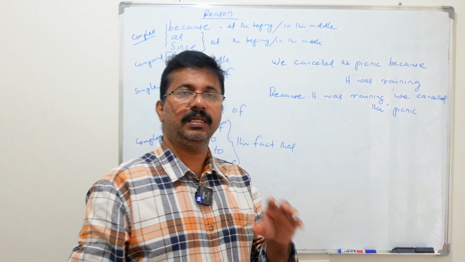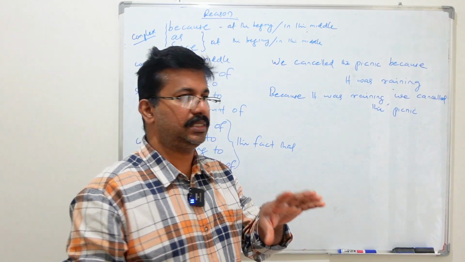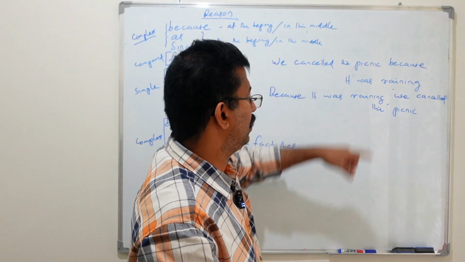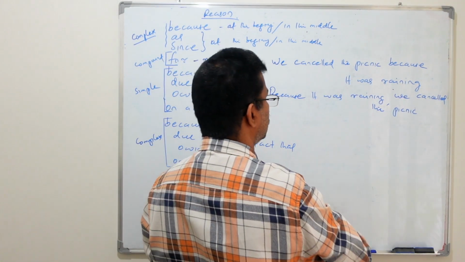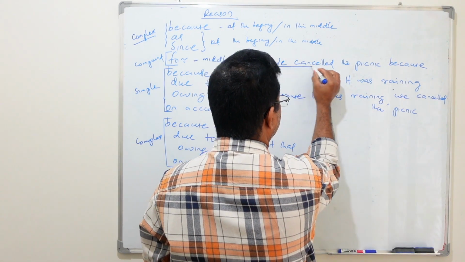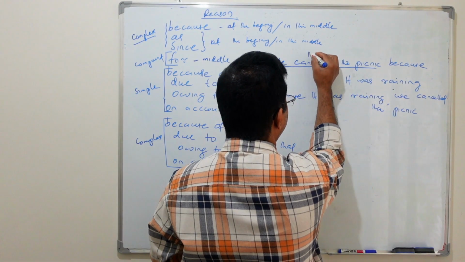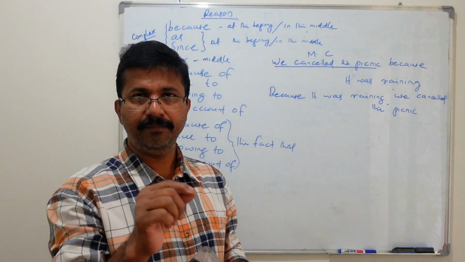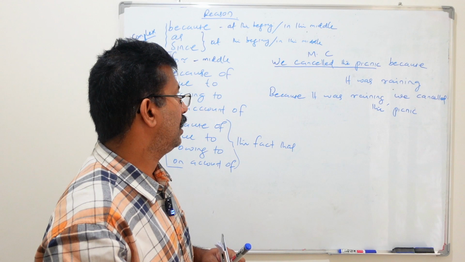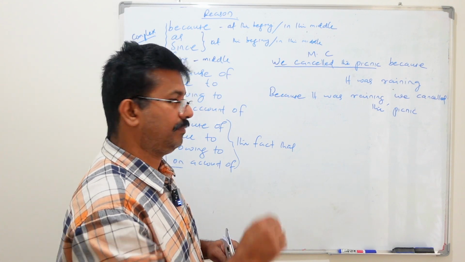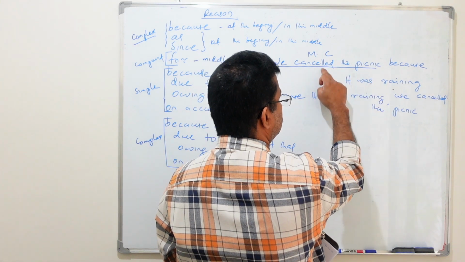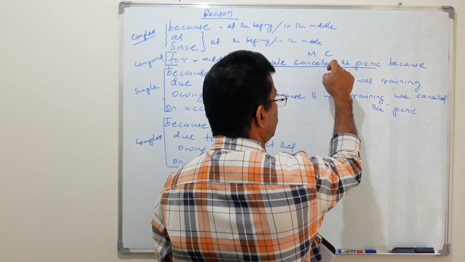When I was explaining a complex sentence, I told you, if you are starting your sentence with the main clause, we cancelled the picnic is the main clause, MC, first letters of main clause, because it can stand alone.